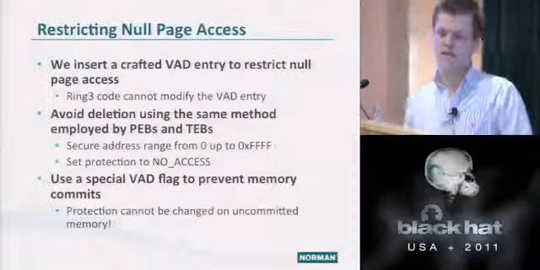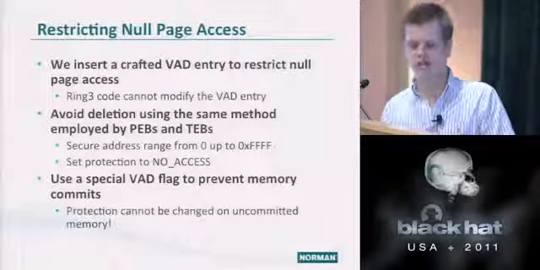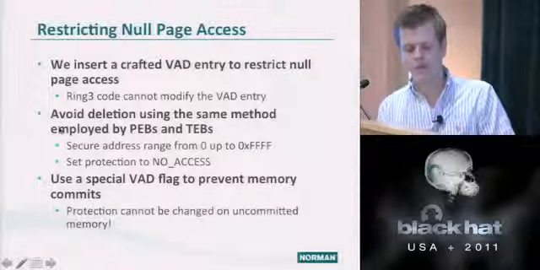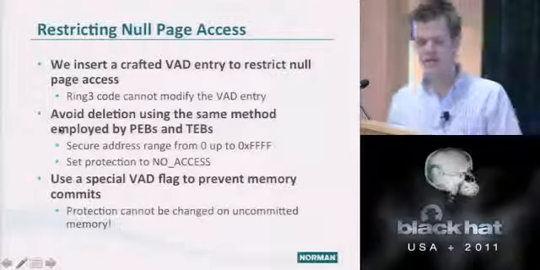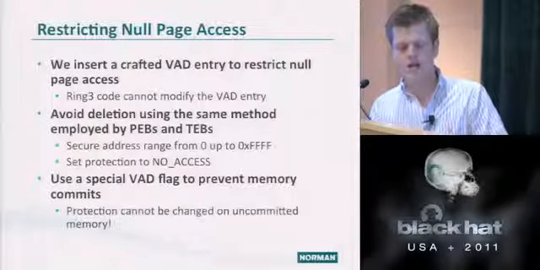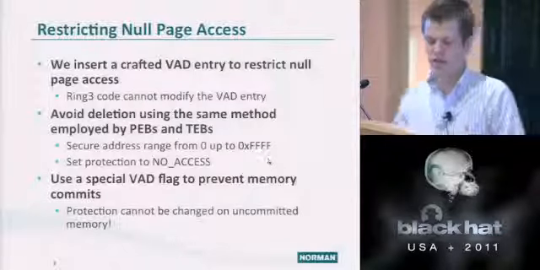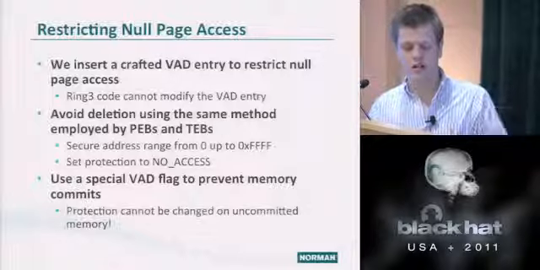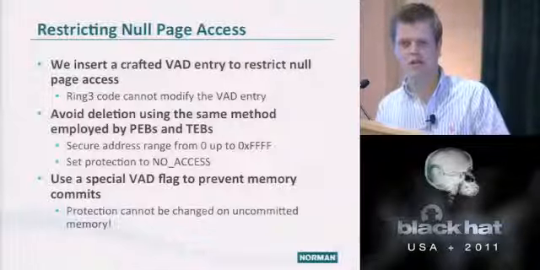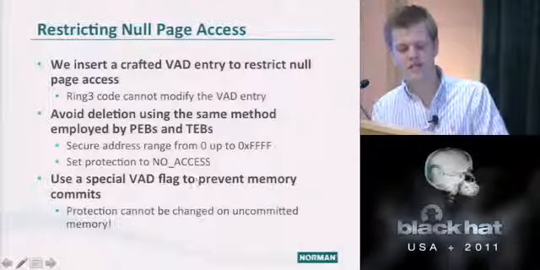So if you have a null dereference in the kernel, you don't want anything to be mapped. You want an instant access violation, and you also want the user not to be able to map that page. We avoid the deletion using the same method as the PEB and the thread environment blocks, and we set the address range from 0 to FFFFF, which is the entire lower part of Windows that is not usually used unless you start a 16-bit process. We also set the protection to no access.